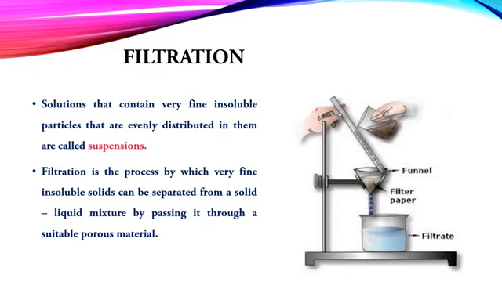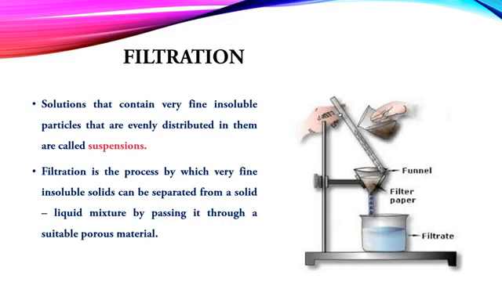Fruit juice is also filtered by using a strainer as filter to remove the seeds and solid particles of pulp. When milk is cooled after boiling, a layer of cream is formed on its surface. This cream can be removed from the milk by filtering it through a piece of cloth.